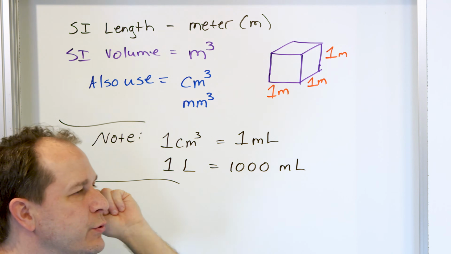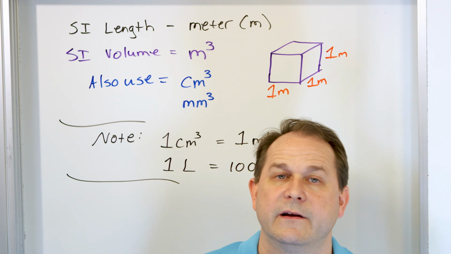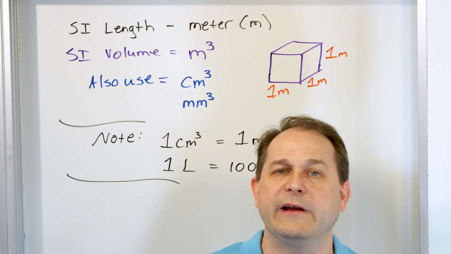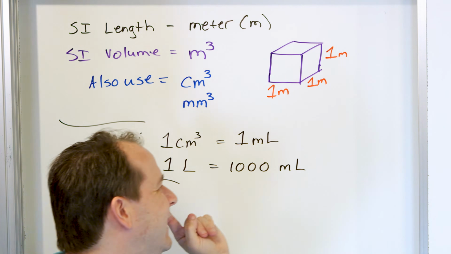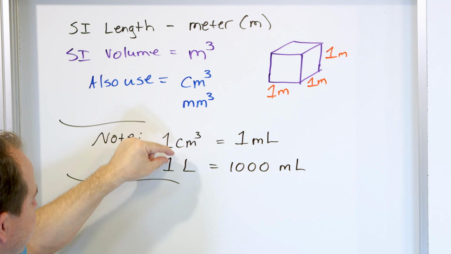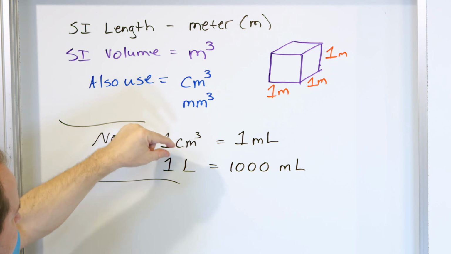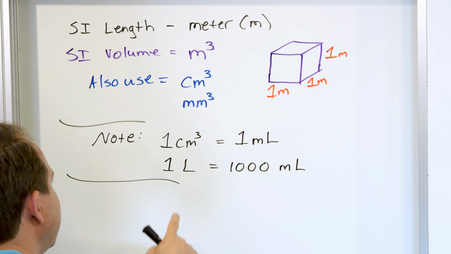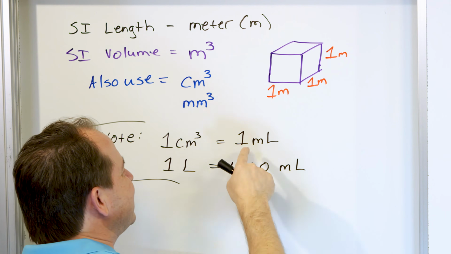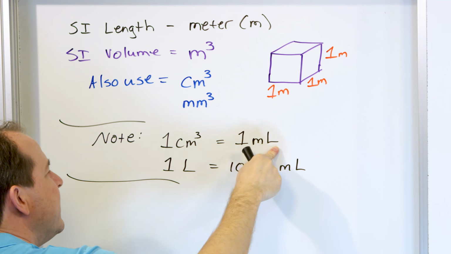So basically, you can often find volume expressed in chemistry in terms of cubic centimeters. But because a cubic centimeter, the size of this, 1 centimeter on each side, is exactly the same volume as 1 milliliter, that's the connection.